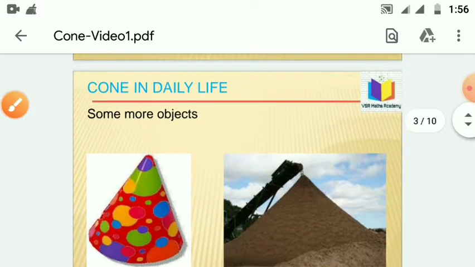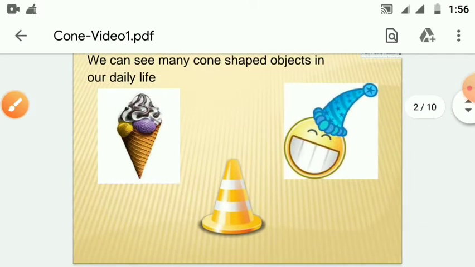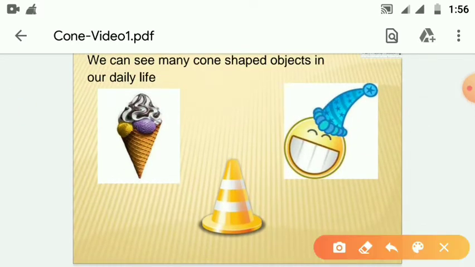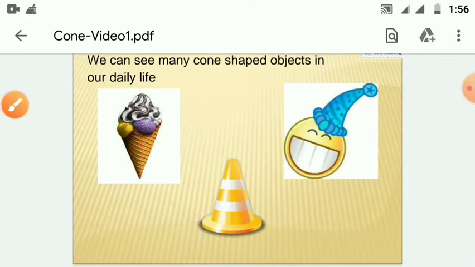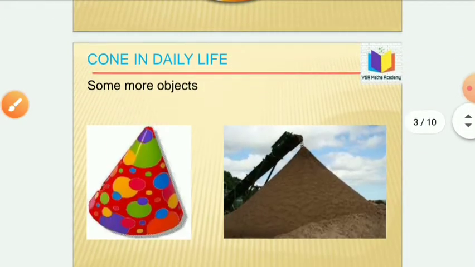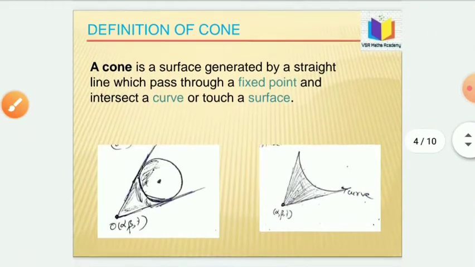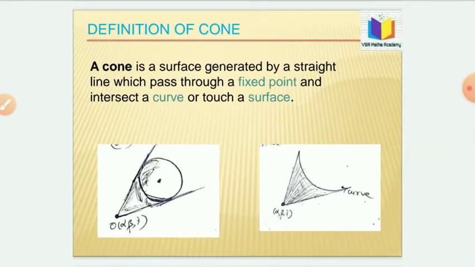The cones we have seen in these figures in our daily life are some particular examples of a cone. In fact, a cone has a wide meaning. So in our class we go to the general definition of a cone, and we discuss what the components of a cone are.